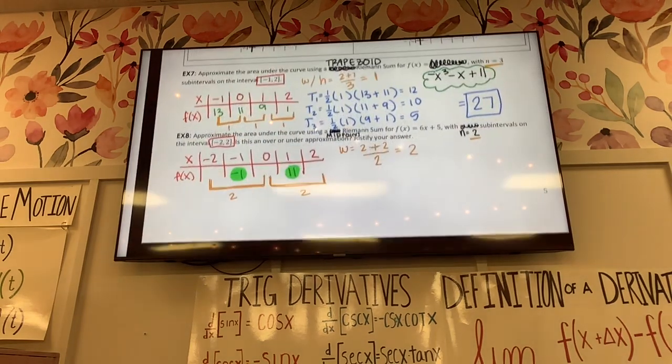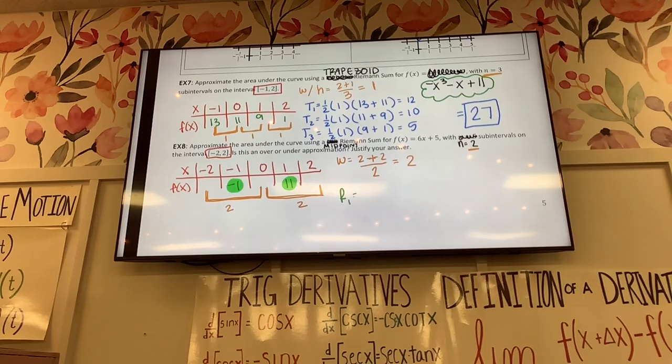So your first rectangle is going to be a base of 2 with a height of -1, and then your second rectangle is going to be a base of 2, with a height of 11. So -2 and 22, which gives you a grand total of 20 for your Riemann sum.